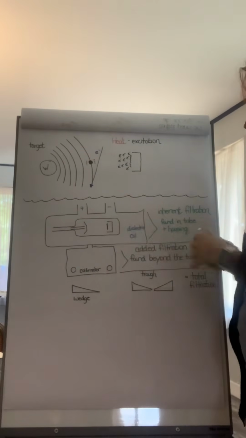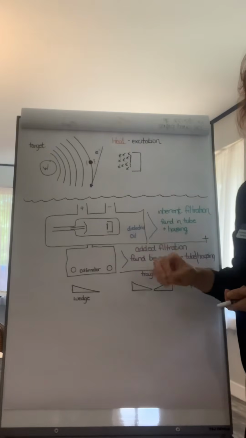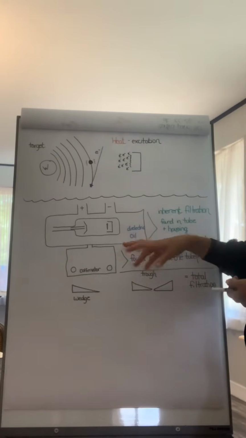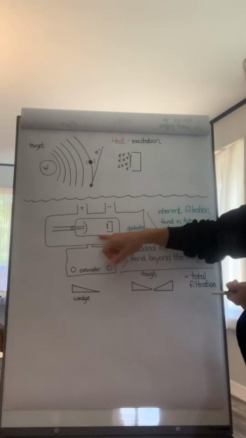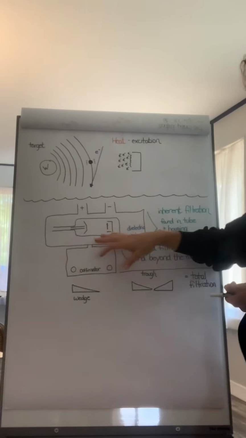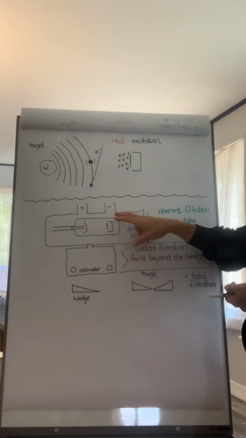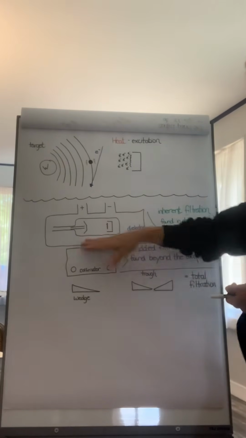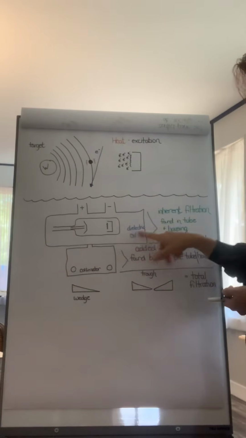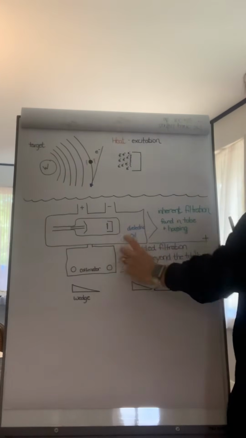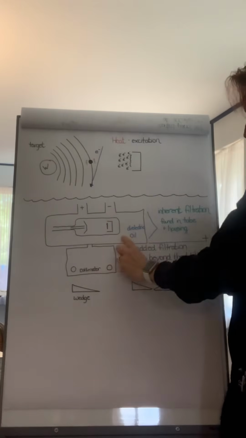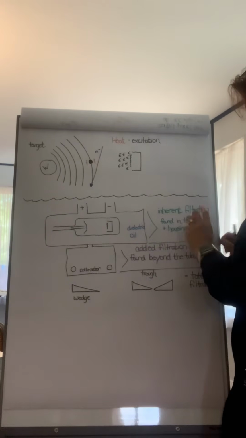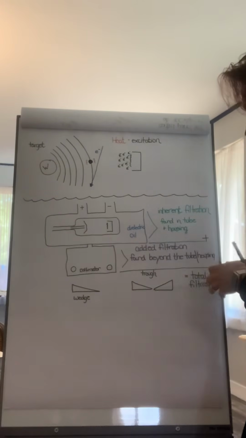All of those have the potential to absorb those low energy photons. The borosilicate glass and some of the metals could absorb them. The housing itself is made up of different metals. The oil can absorb it. So anything found within the tube or the housing is inherent filtration, built into it.